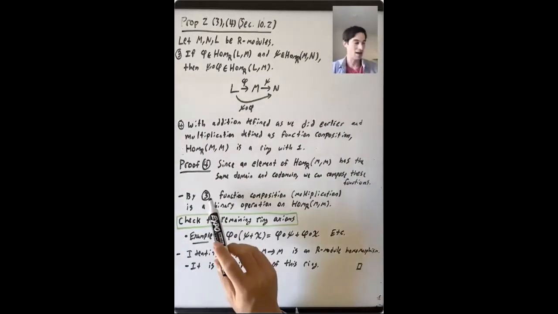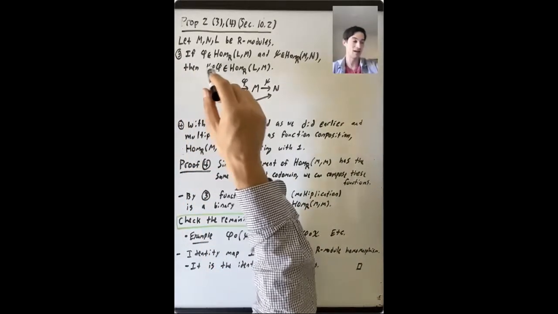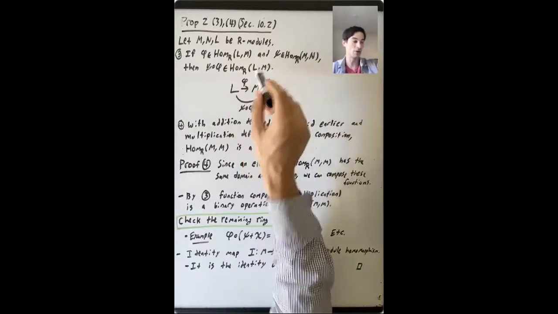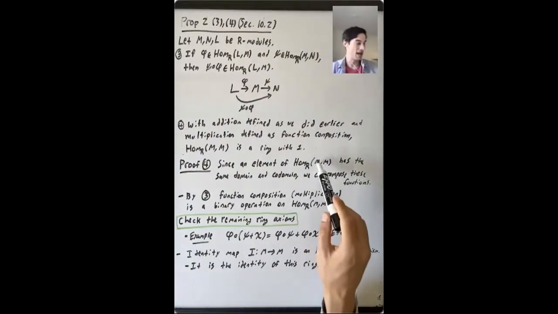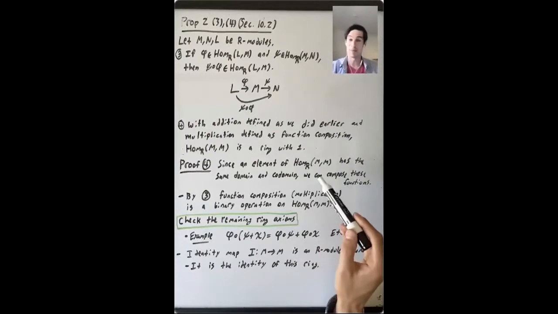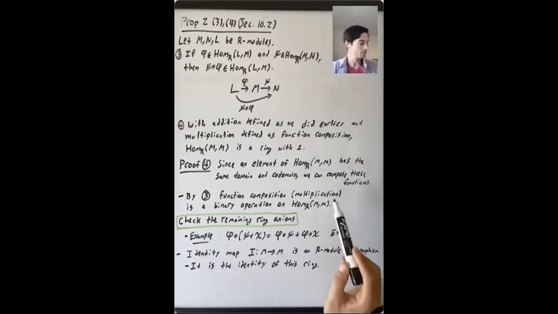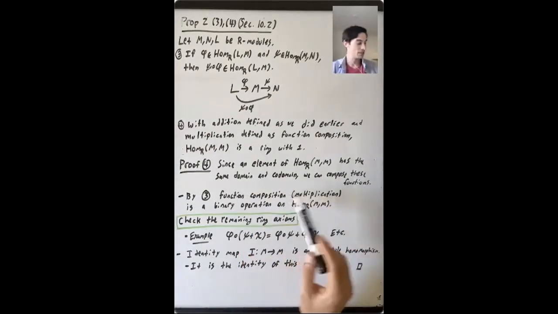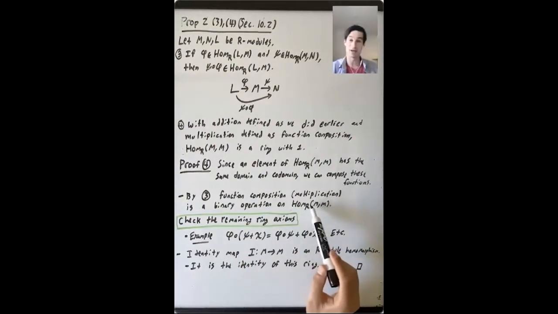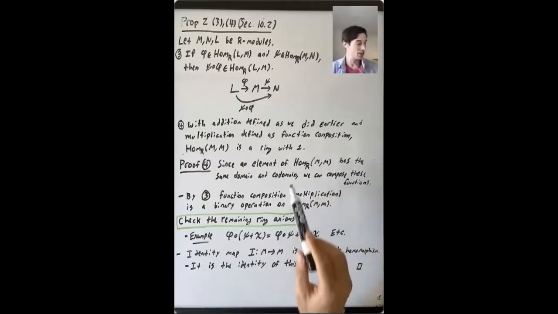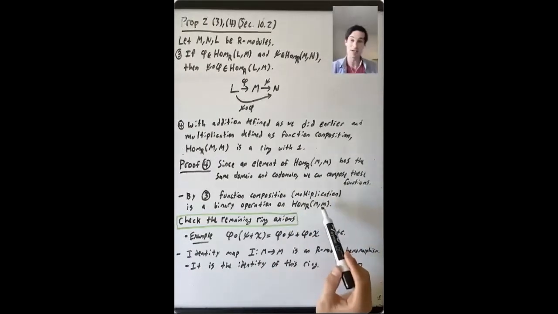And by the fact that the composition of 2 R module homomorphisms from M to M is also an R module homomorphism from M to M, this composition of functions takes in 2 elements of hom_R(M, M) and gives you another one. So this function composition multiplication gives a binary operation on this set of R module homomorphisms from M to M.